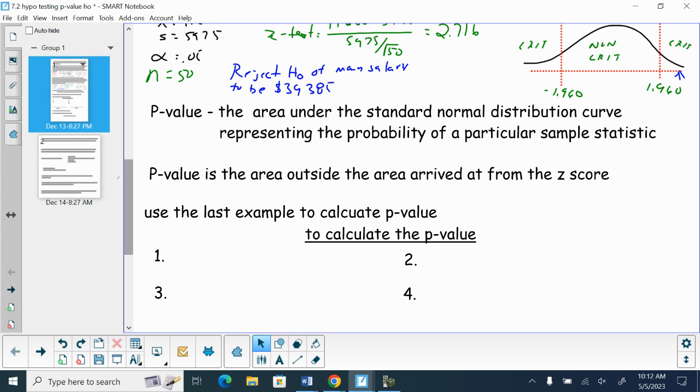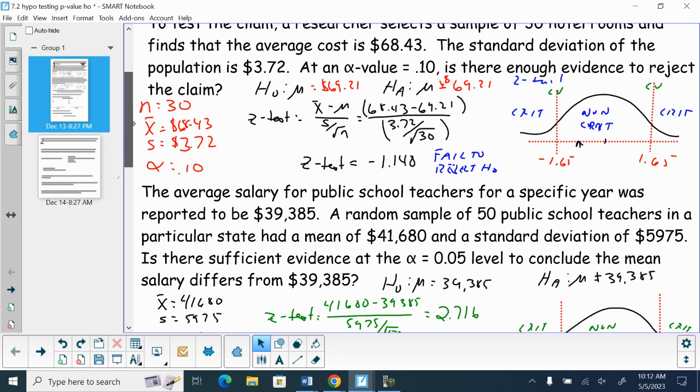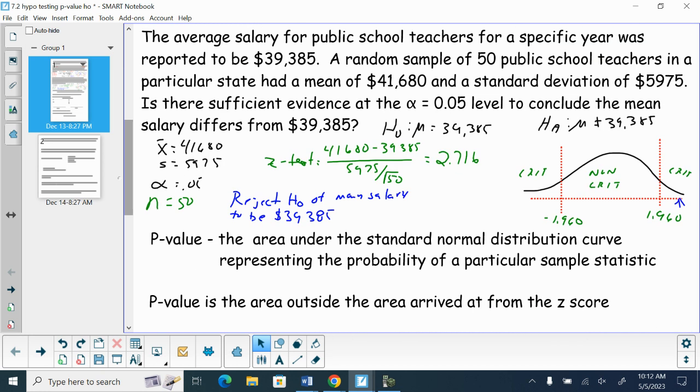This is a little bit easier to understand for us, because we've talked about z-scores, normal distribution curves and bell-shaped curves. So basically what you're looking at here, I will take a look at the last example. Our z value that we calculated was 2.716.